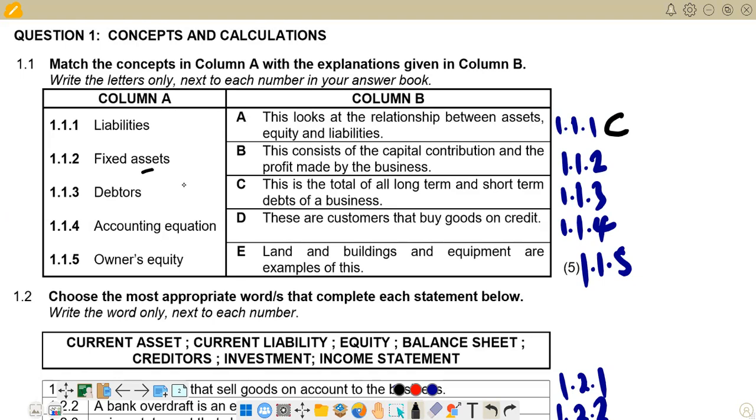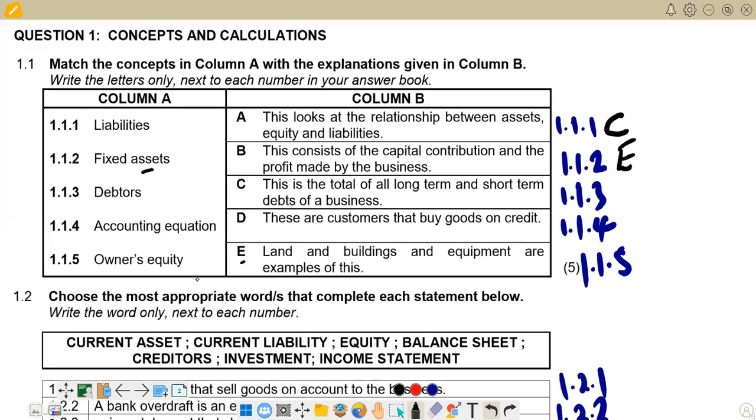Those are examples of current assets, and debtors are also current assets. So here we are concerned with fixed assets. The explanation in column B that matches fixed assets is E, which says land and buildings and equipment are examples of this. So we have E as our answer for 1.1.2.